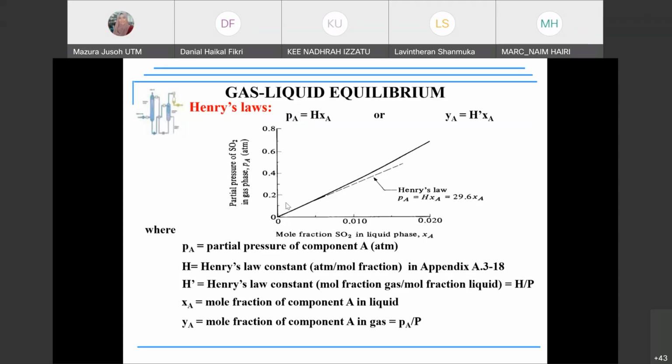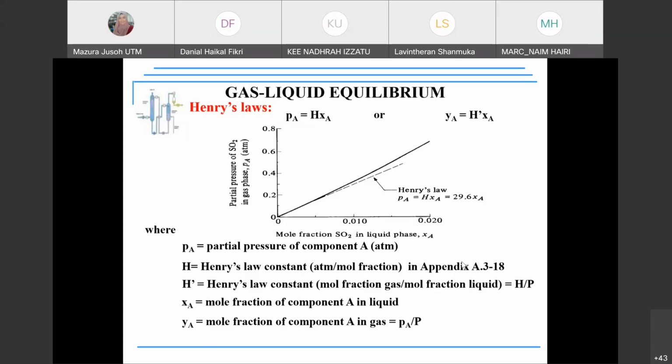The scientists before us have done all the correlation for us and derived the Henry's law constant for certain mixtures. So today we can use those constants.